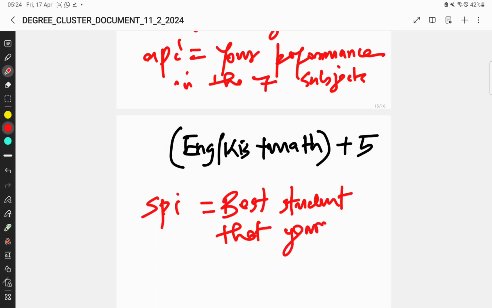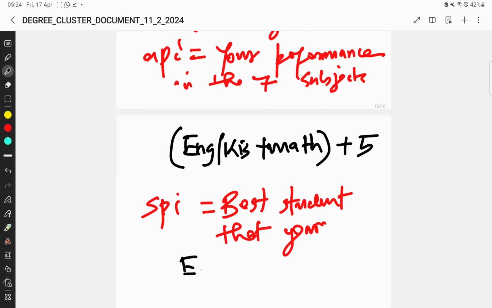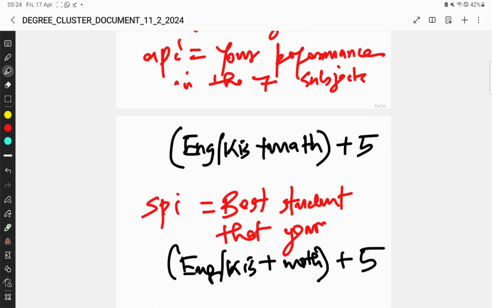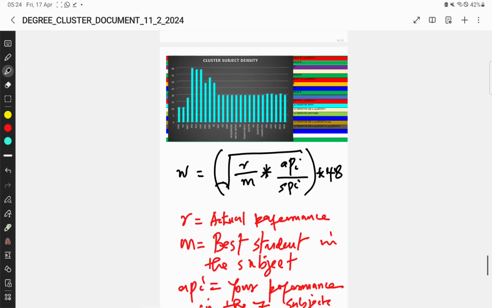So that also means that you are going to consider what this student got in English/Kiswahili plus math as compulsory, then you add the other 5 subjects. So what is the drill in all this? What you need to know is that given that this student, let's say, are in which subject?